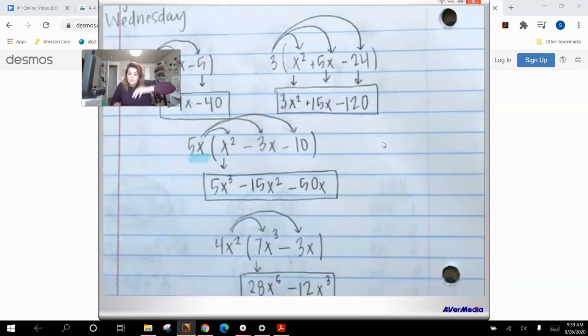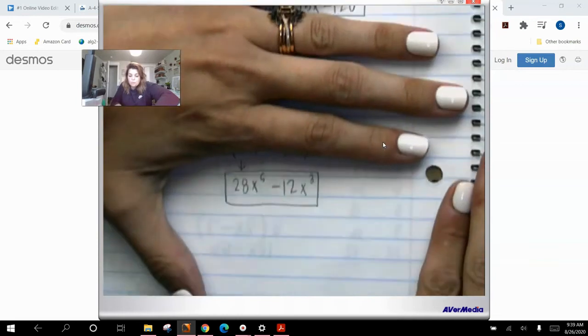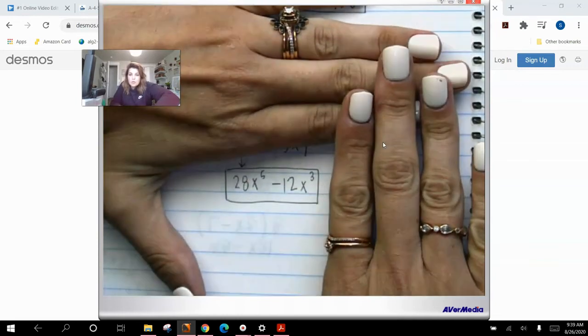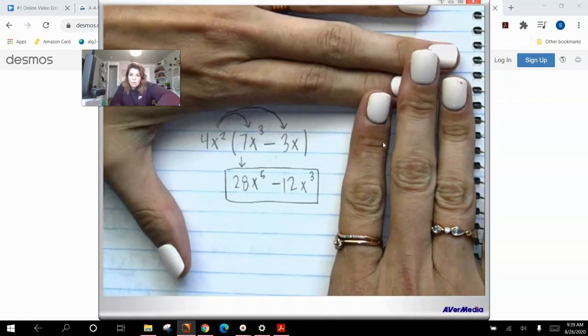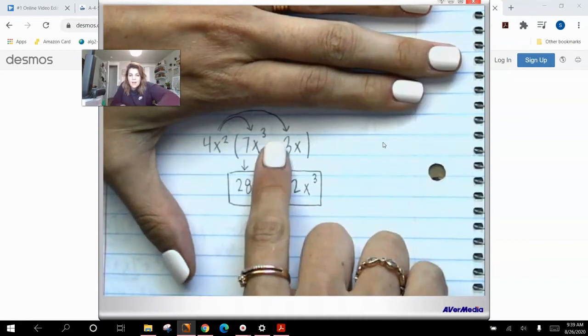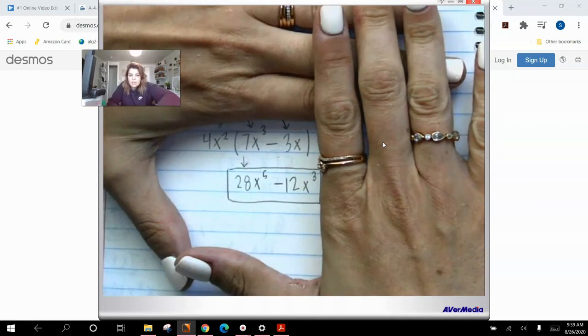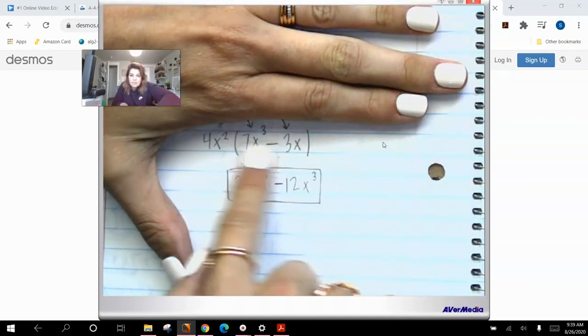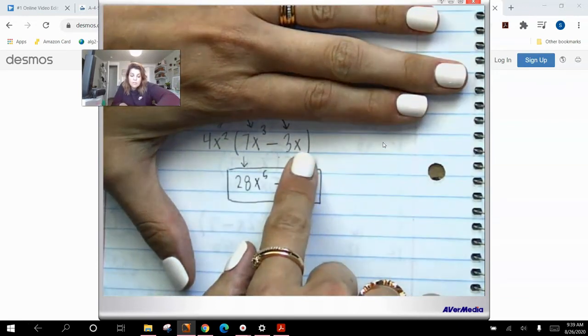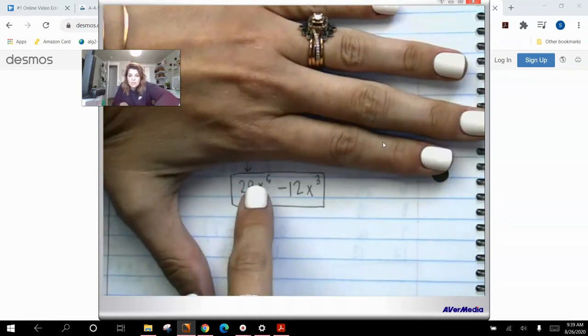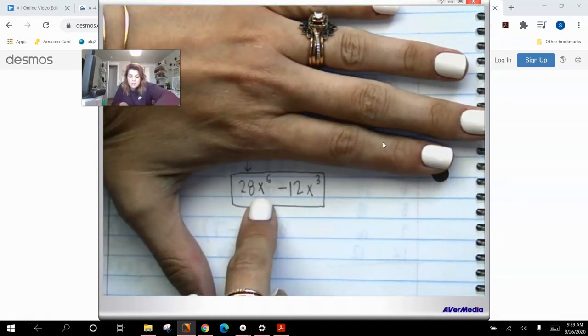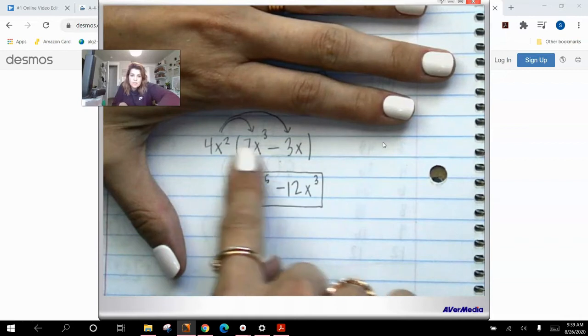Today, I'm going to give you the box, and you're going to give me what would have been multiplied in. So you're going to give me this factored expression. So we're going to factor something like this into something like this.